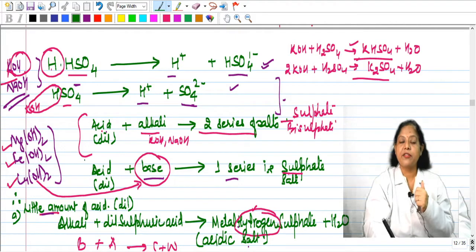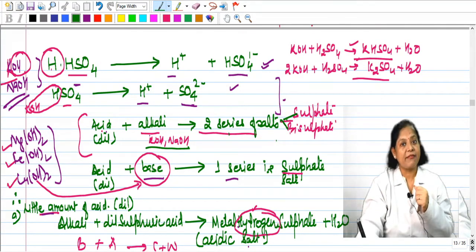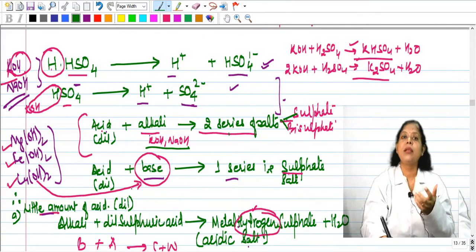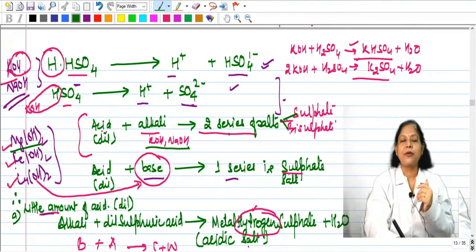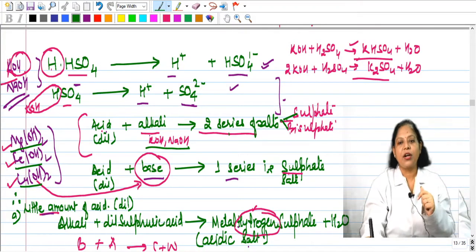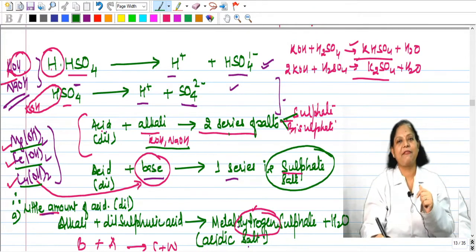For this there is a rule. If you take an alkali, it is always going to form two series of salt, sulfate as well as bisulfate. But if you take a normal base which is not soluble in water, like magnesium hydroxide, ferrous hydroxide, copper hydroxide or zinc hydroxide, then they are going to form just one series of salt, and that series will be the sulfate series.